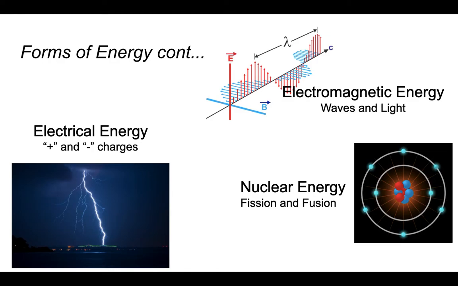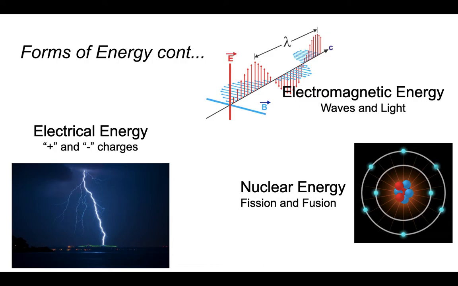All those different versions, depending on the wavelength and the frequency of the light or the wave, is going to determine what type of energy it is, whether it was radio waves, whether it was television waves, whether it was visible light waves or infrared, ultraviolet, X-rays, and so forth. And they're all different ways of transmitting energy from one place to another.